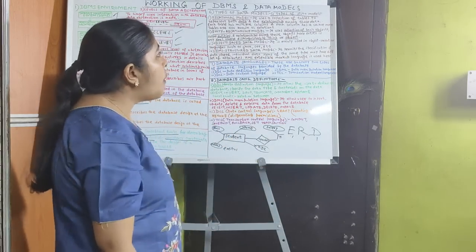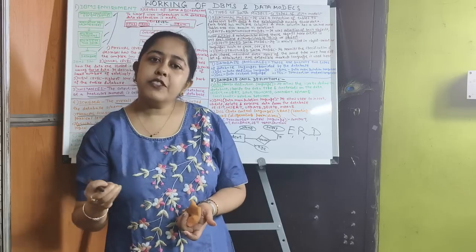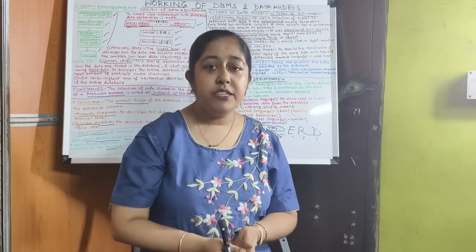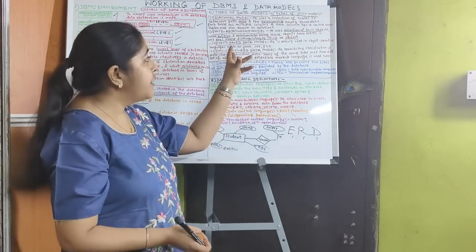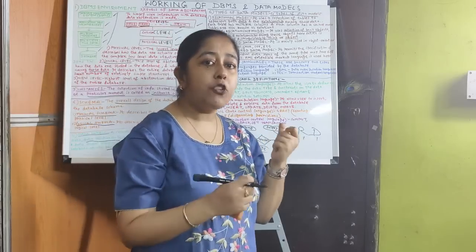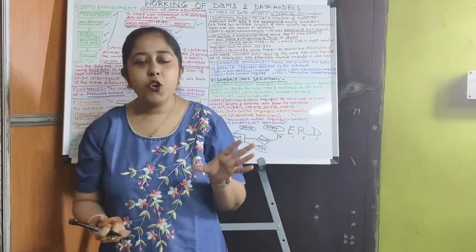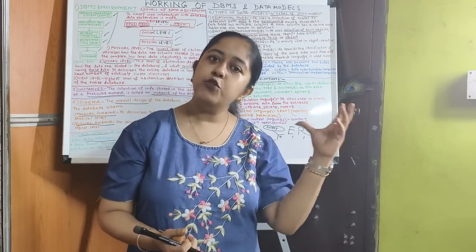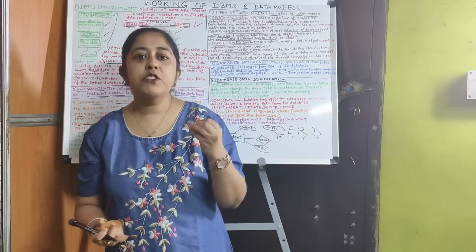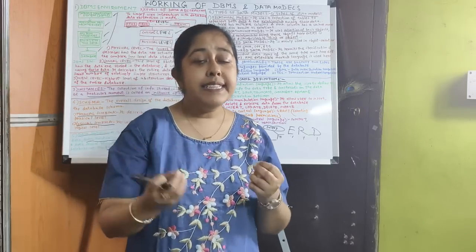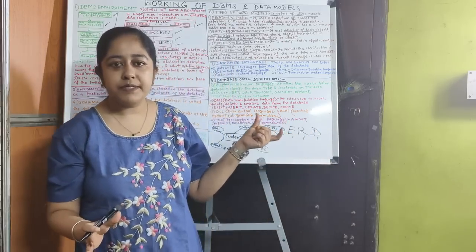Now next is the object based data model. Object based means, again, the same thing is coming: it is talking about real life objects. But here, object based data model means we are talking about object oriented languages like C++ and Java. These object based databases are used when we are talking about Java, JDBC, ODBC, which you may have heard about.